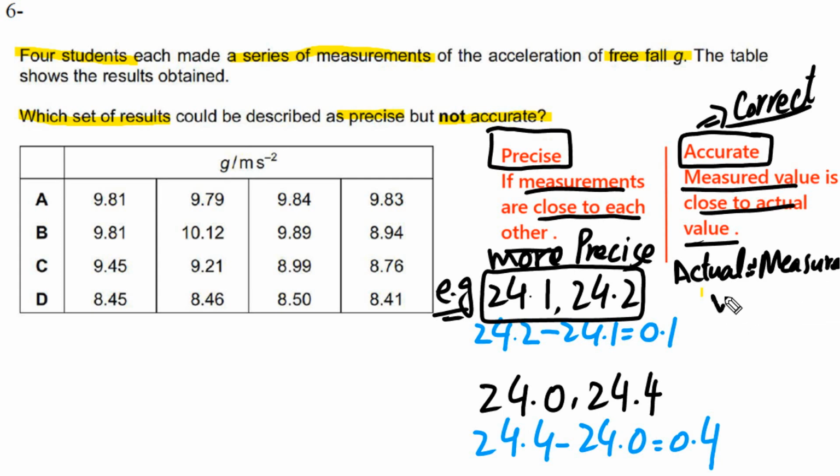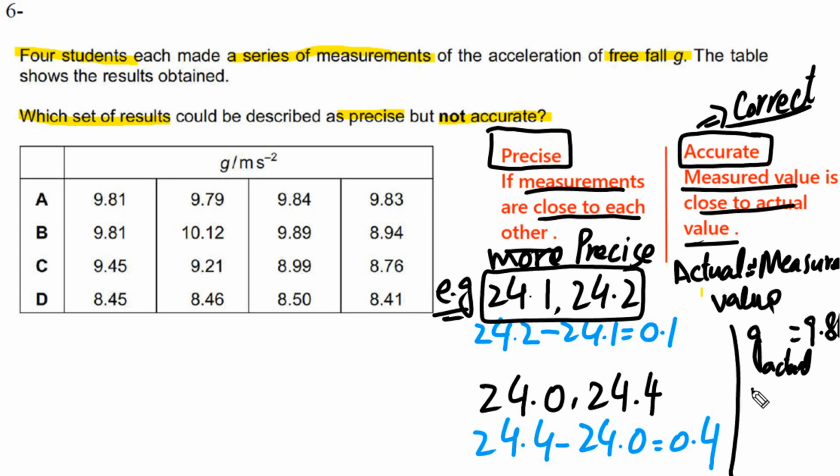Let me give you one simple example. The actual value of g is equal to 9.81.